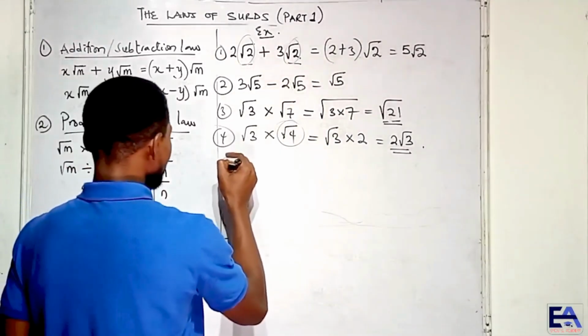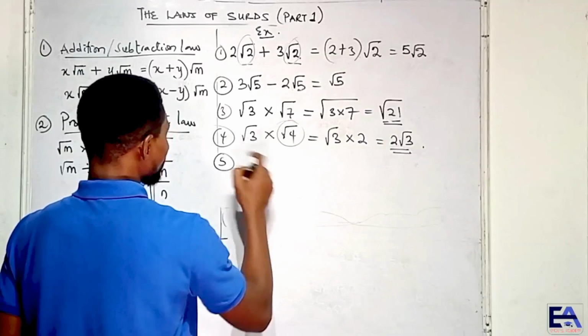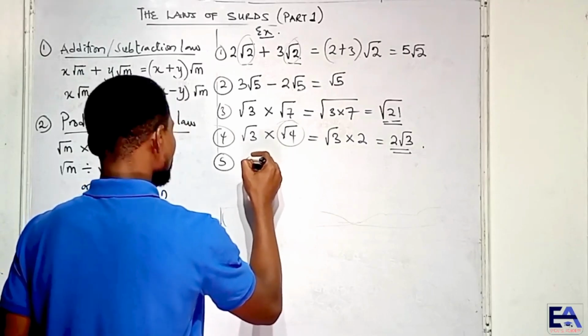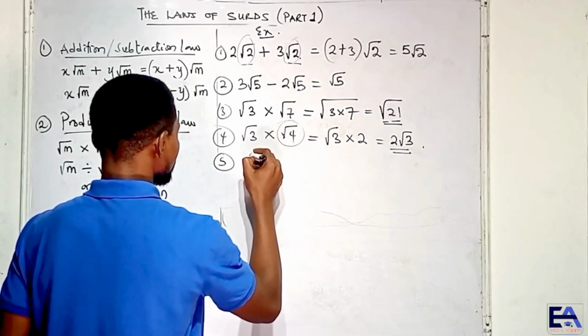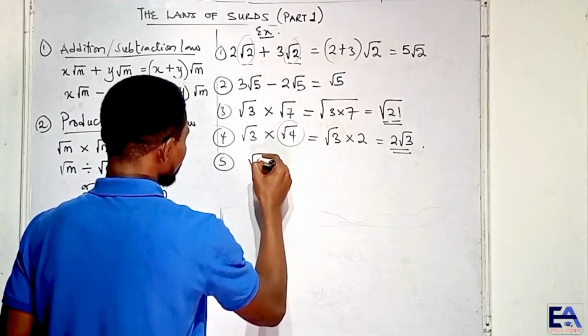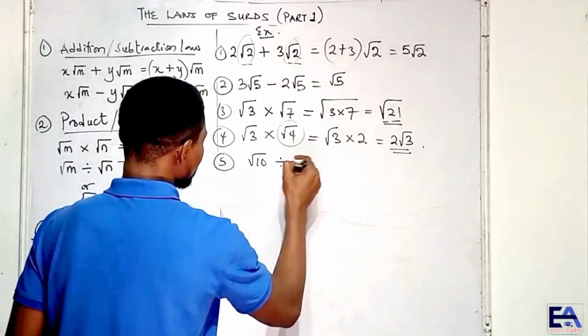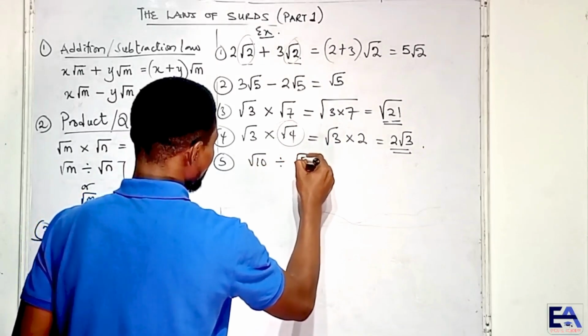You can still divide. Okay, you can say, let's say, root 10 divided by root 5.